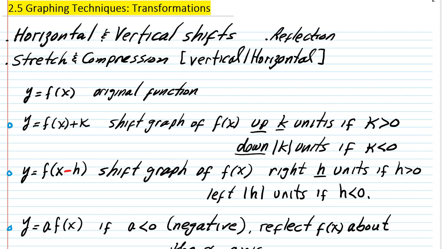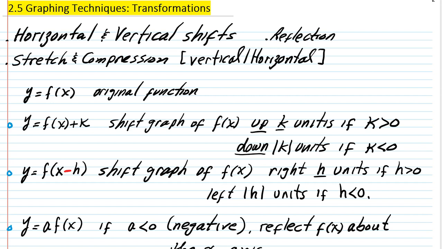Now sometimes we simply shift them to the right, left, or up and down, and other times you may actually change or distort the graph. The graphs that result from horizontal and vertical shifts, we call rigid transformations because they don't affect the shape of the graph. But then there are non-rigid transformations.